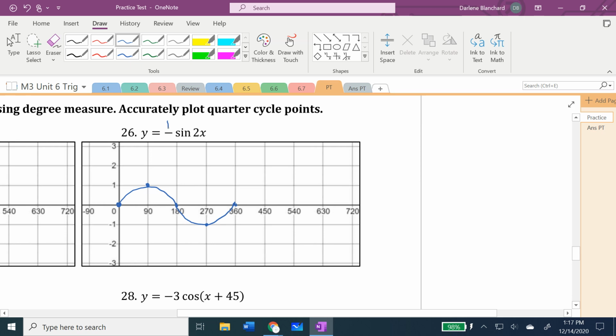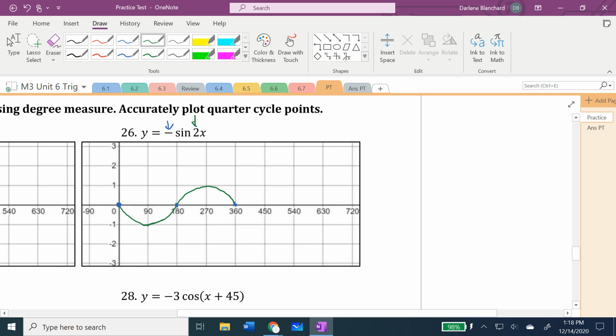When I multiply outside the trig function by -1, that will flip it upside down. Flipping it upside down will cause it to now first go under the x-axis and then go above the x-axis. So we start with the cereal bowl full of milk, and then we go to the spilled milk cereal.